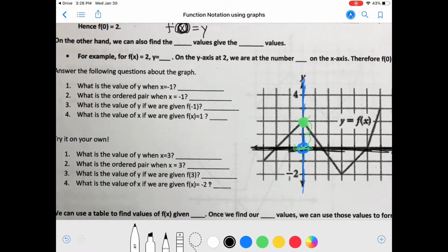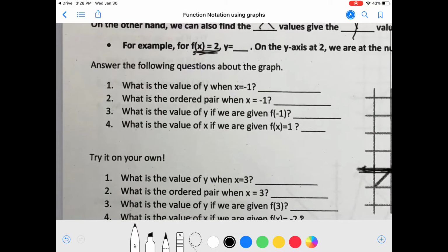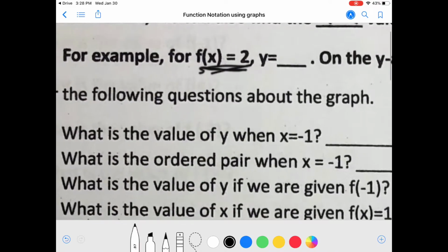On the other hand, we can also find the x values given the y values. So if we were told that f of x equals 2, another way to write this, again, is instead of f of x, we can put y equals 2.